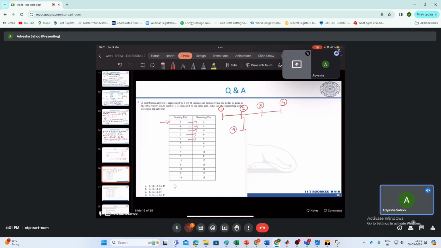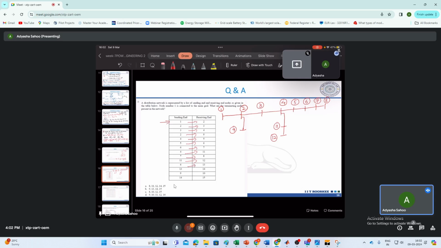Then 4 to 5. 5 to 6. 6 to 7. 4 to 11, so another lateral is 11. Then 7 to 8. Then 11 to 12.